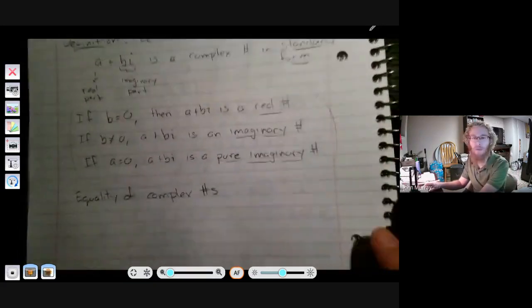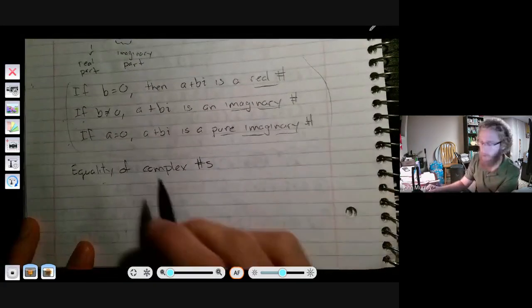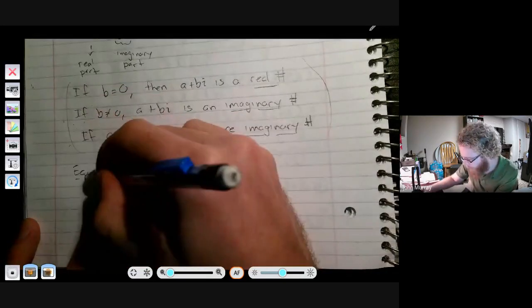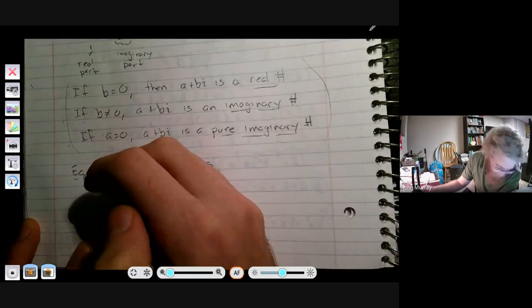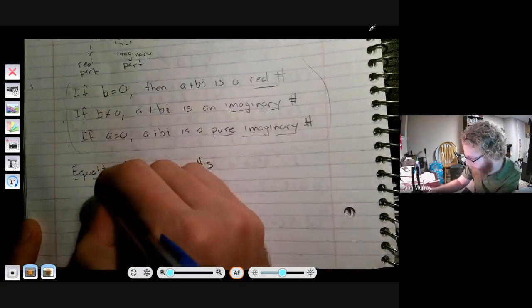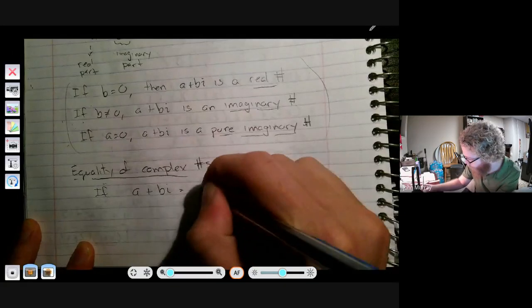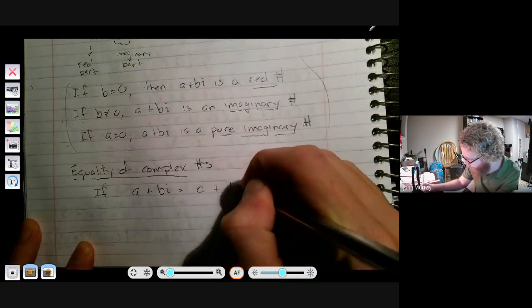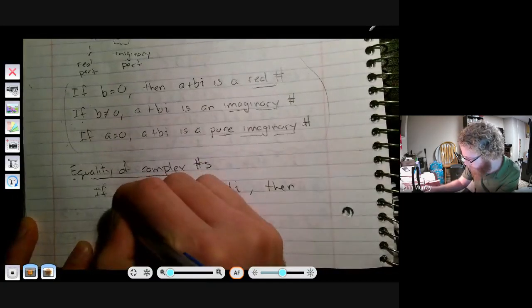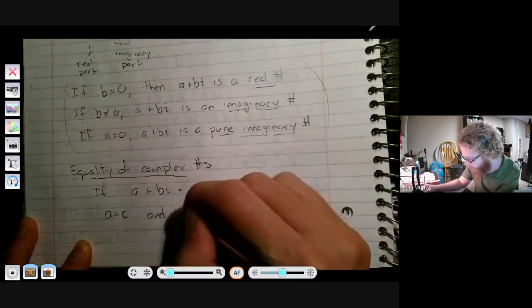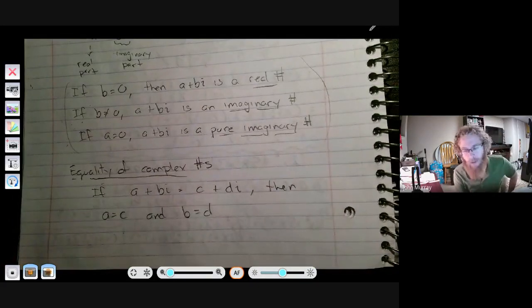So there's a concept with our complex numbers called the equality of complex numbers. Okay. And this is kind of self-explanatory.